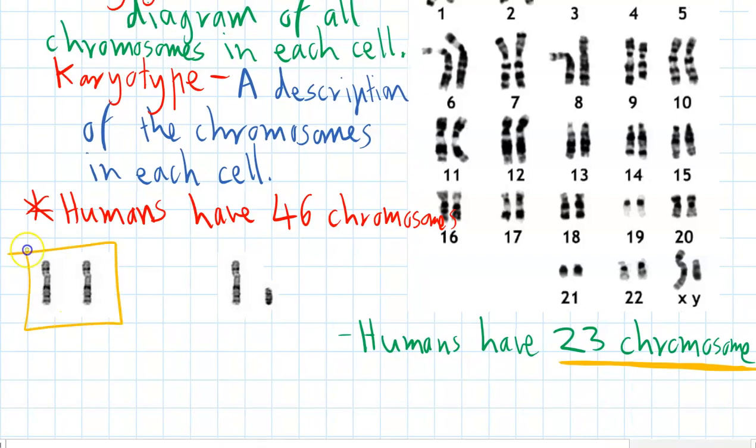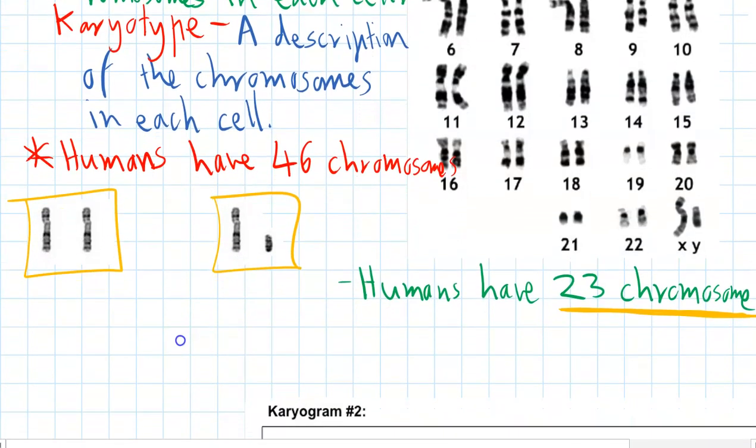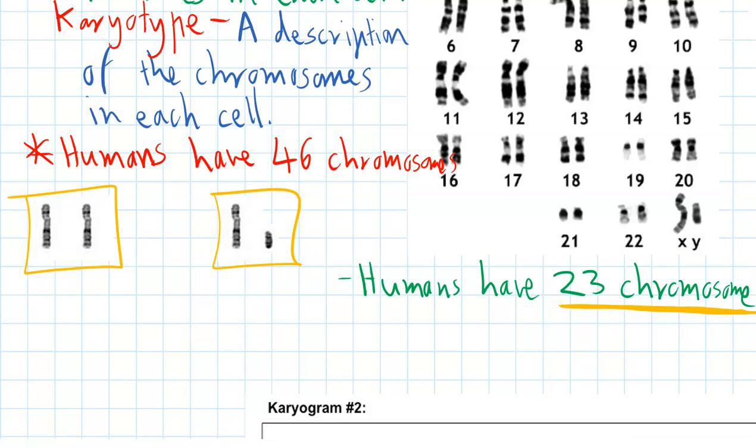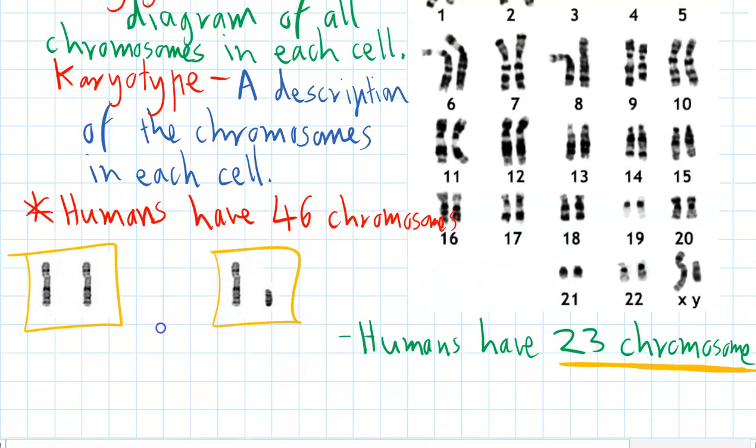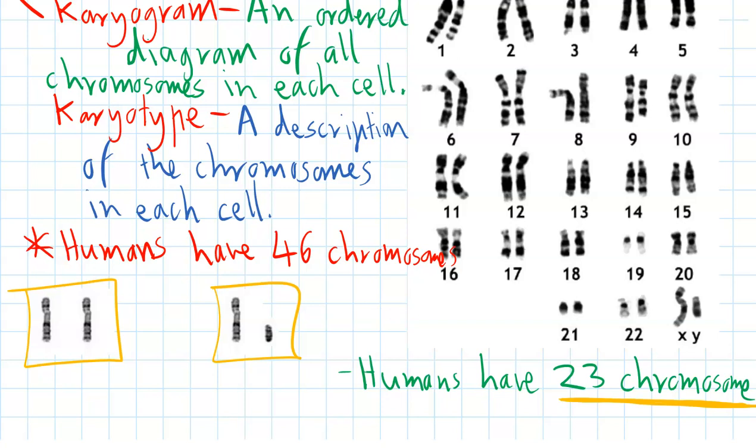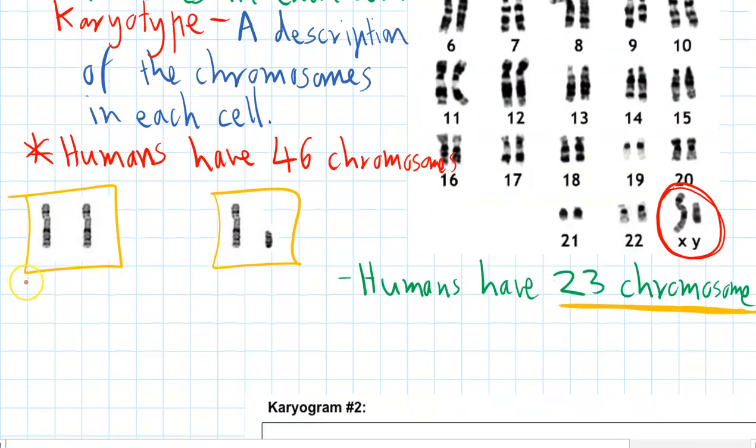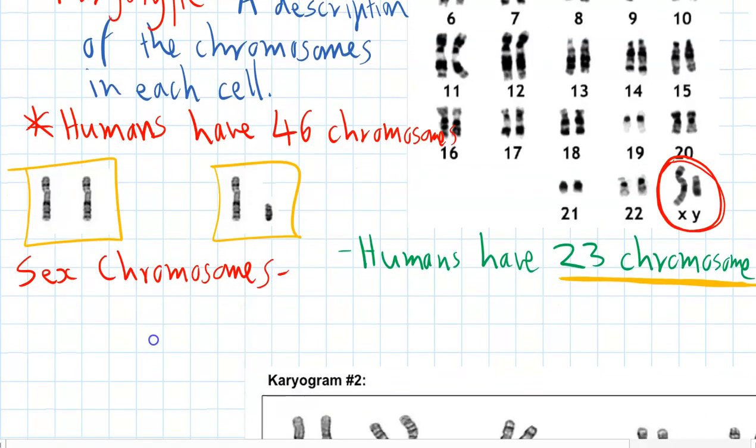Okay, the next thing is the concept of sex chromosomes. You might notice at the bottom of the karyogram here, there are 2 chromosomes that aren't numbered, but they're called X and Y. These are called the sex chromosomes. You've probably heard before that these chromosomes determine the sex of the person.